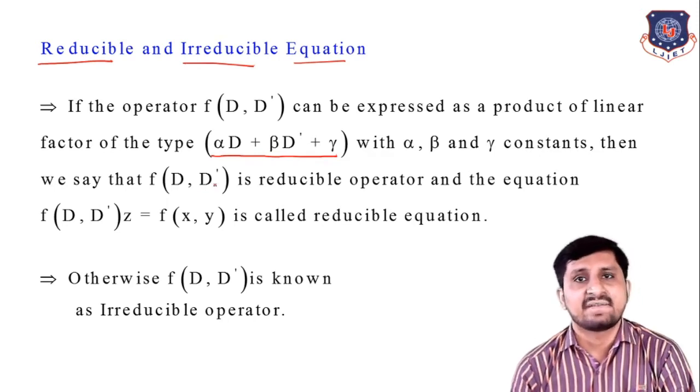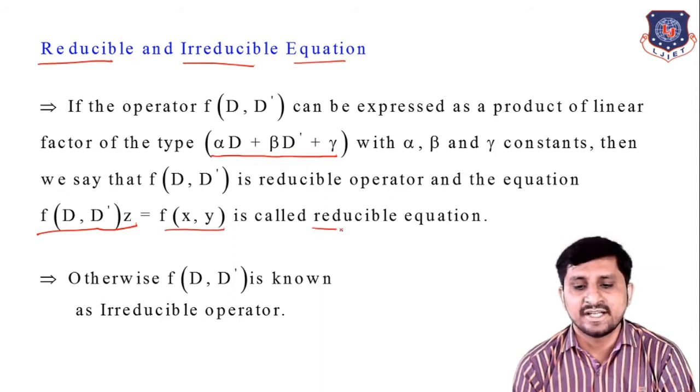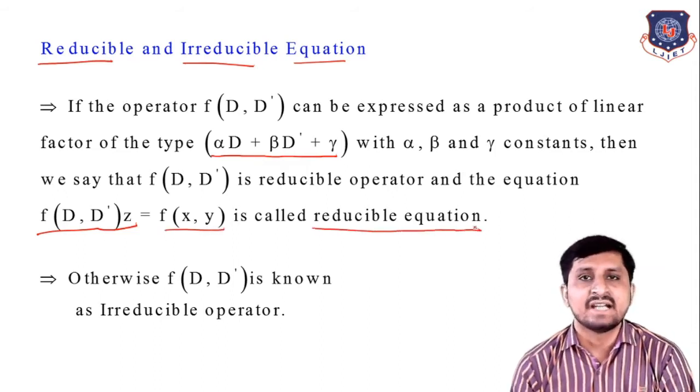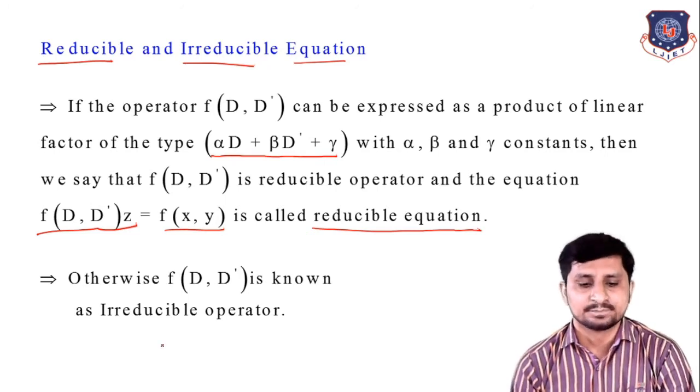Then we can say that f of D, D dash is a reducible operator, or that f of D, D dash into z equal to f of x, y, which is our partial differential equation, is called a reducible equation. And for a reducible equation we can find the complementary function.